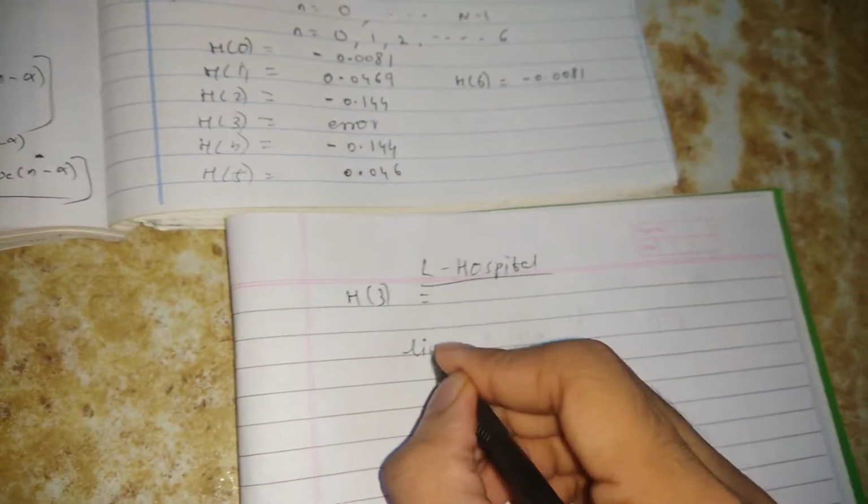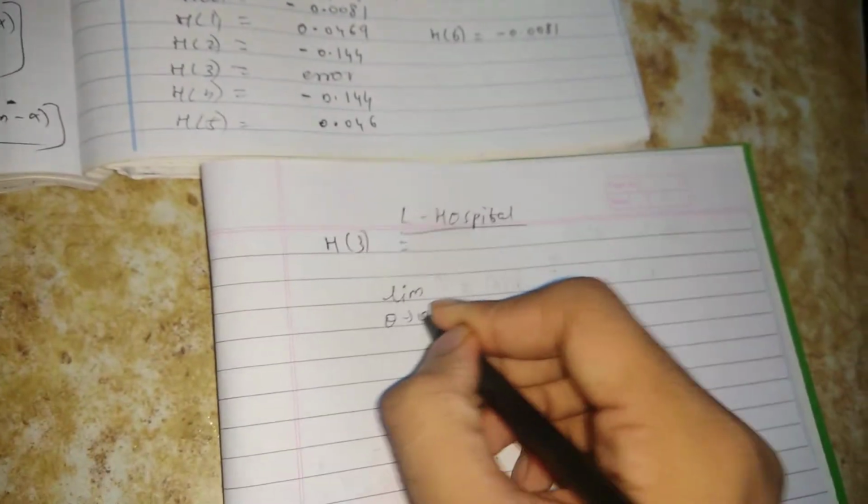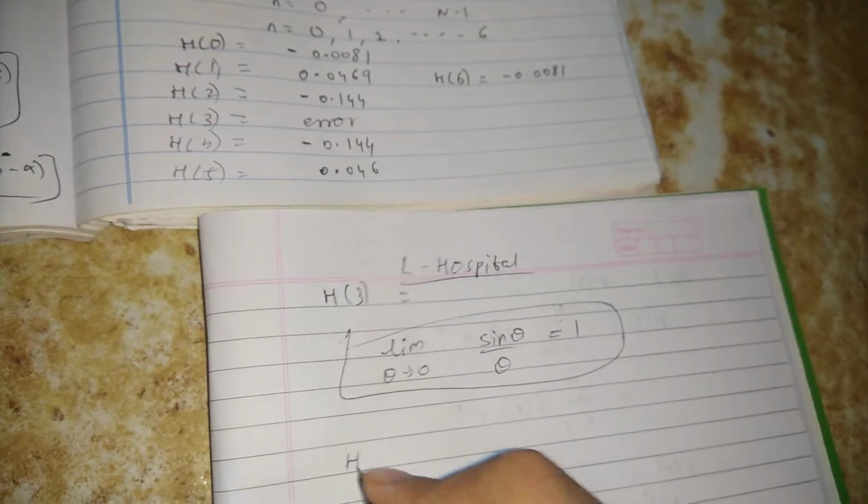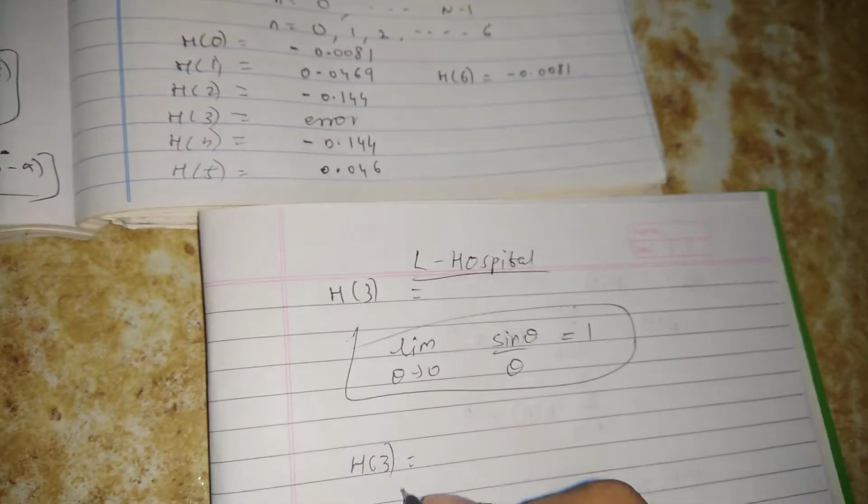The L'Hospital rule says that limit theta tends to 0 of sine theta upon theta equals 1. This is the L'Hospital rule, remember this. Now we'll solve it for h of 3.